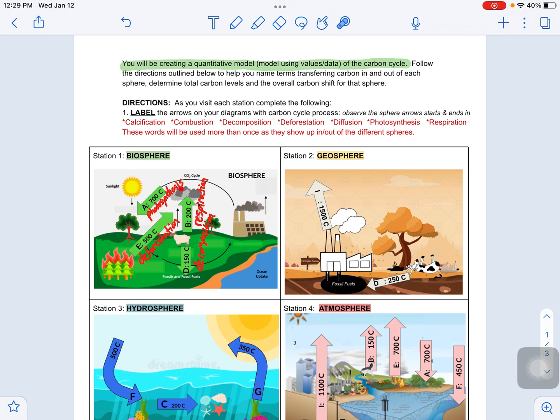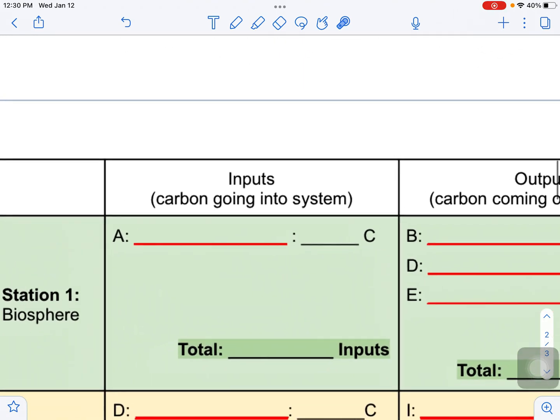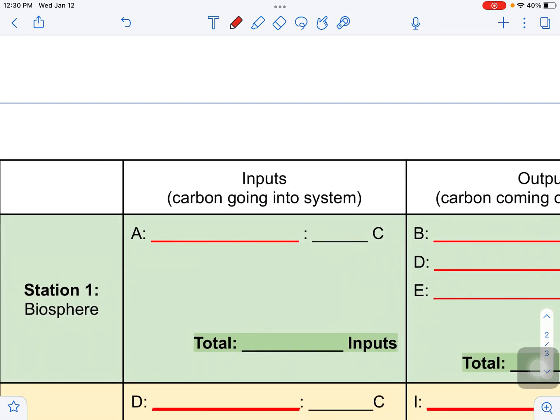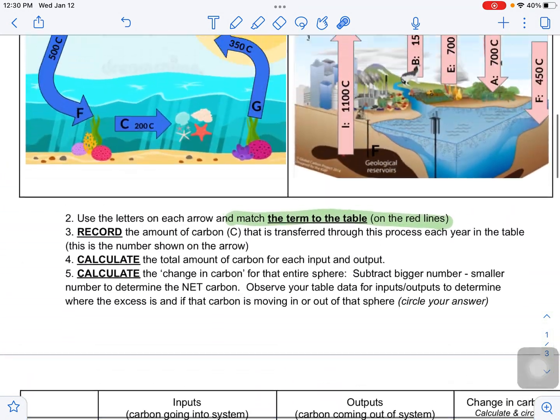Here's letter A. That is photosynthesis, so I'm going to put that in here. Now I also want to note that these in this first column are inputs. These are where carbon is going into this system. Photosynthesis, carbon is going into the biosphere. So this blank is how much carbon is going into the biosphere through the process of photosynthesis.